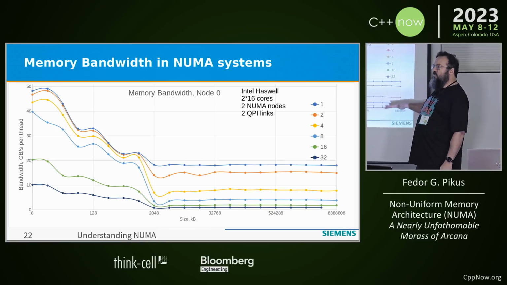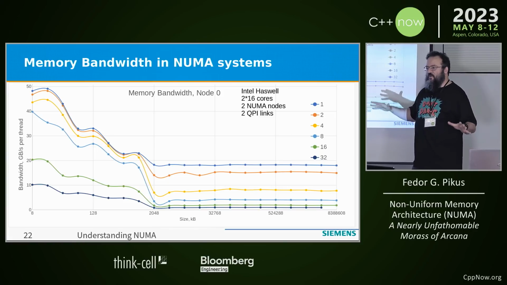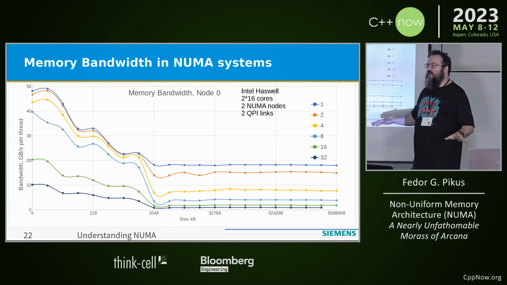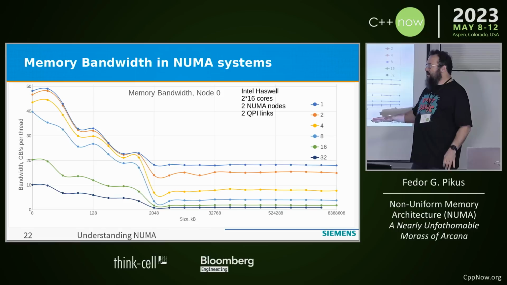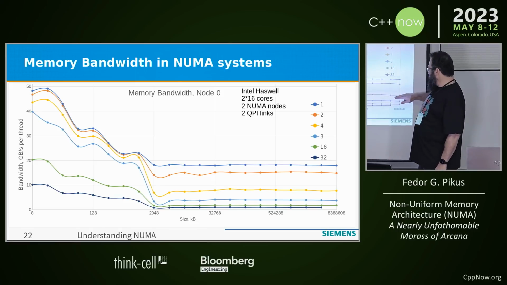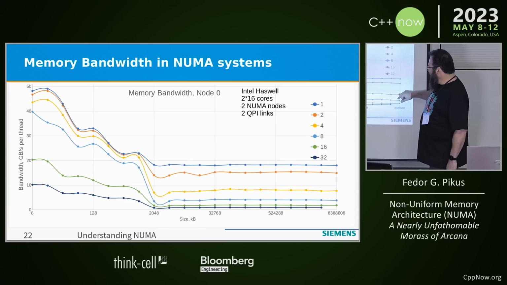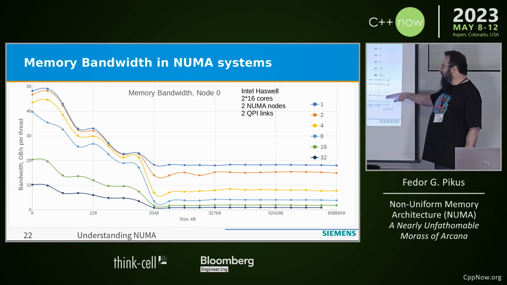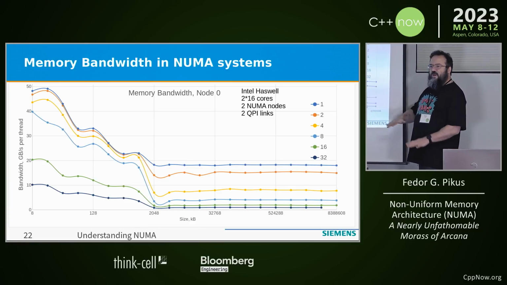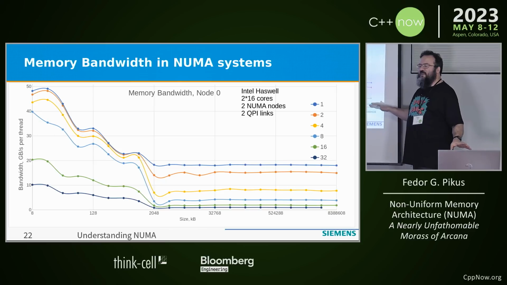By the time you get to 4, you're just dividing the total maximum between threads. So after 4, if you give it more threads, you'll just divide that maximum bandwidth between threads evenly.